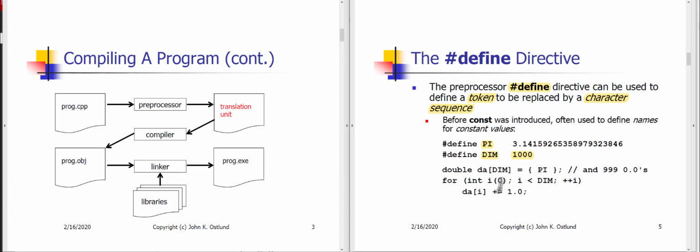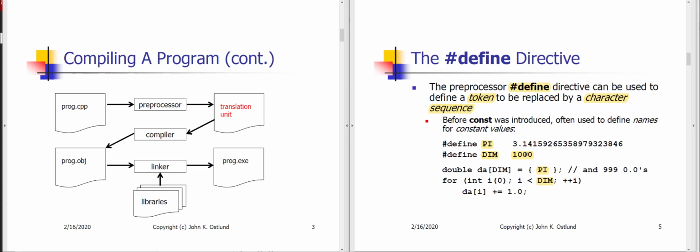When the preprocessing phase of compilation processes this code, the token dim is replaced with the number 1000. The token pi here is replaced with 3.14159, etc. And the token dim is also replaced here with 1000.